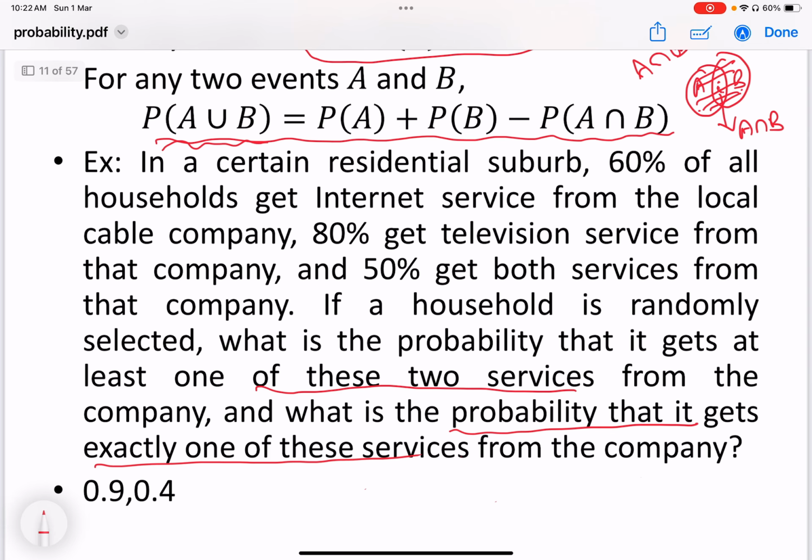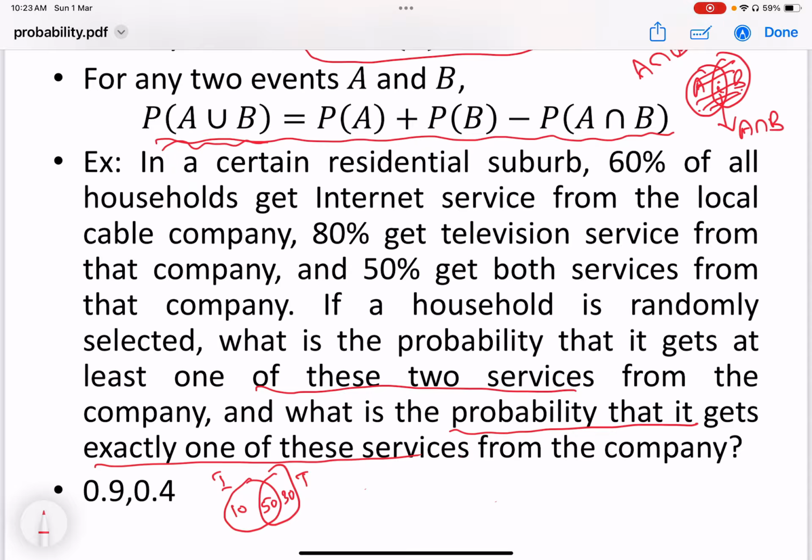So here if we draw the Venn diagram, it is like this. 50% get both the services, so here we have 50. 80% get television service, 60% get internet service. So internet service, television service. If 60%, then we need to write 10. And 80% television service, so here it is 30.